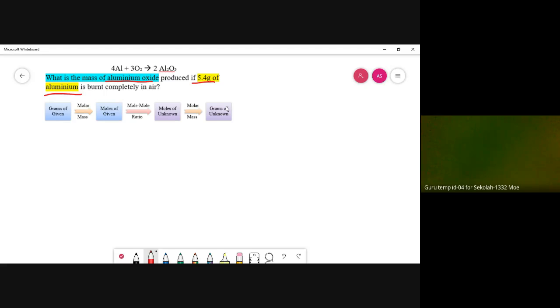Tak apa, mari saya tunjuk macam mana kita nak buat. So, first, tulis dulu what is your given. You punya given is aluminium. And your unknown is aluminium oxide, that is Al2O3.